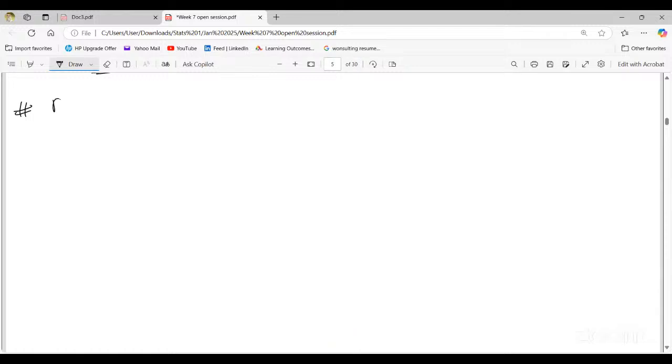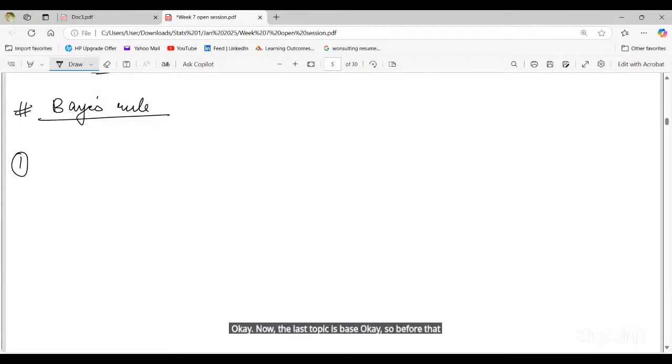Now the last topic is Bayes. Before that, we have to know what is the law of total probability.